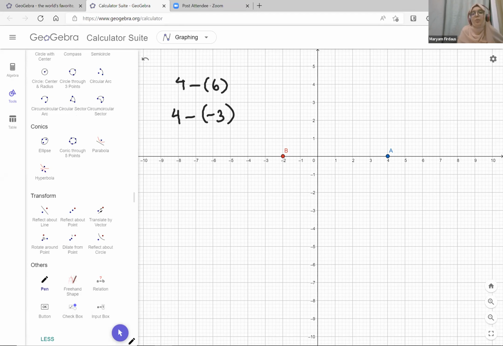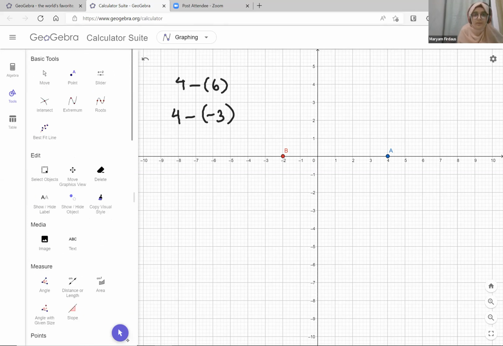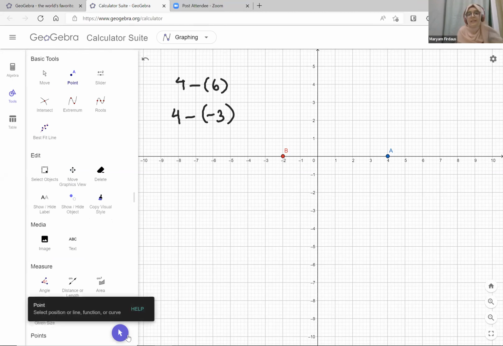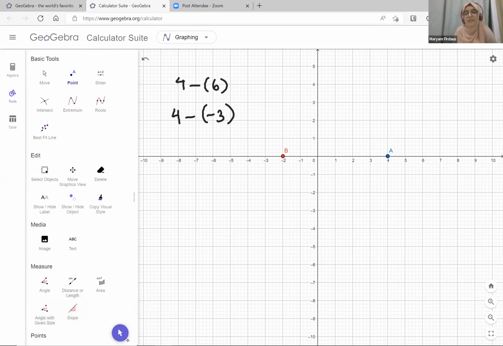So when you are subtracting a negative integer, on which side will you move? Towards the right, right? So this becomes 4 minus negative 3. That becomes 4 plus 3. So then you move 3 spaces to the right, which is, what does it become?